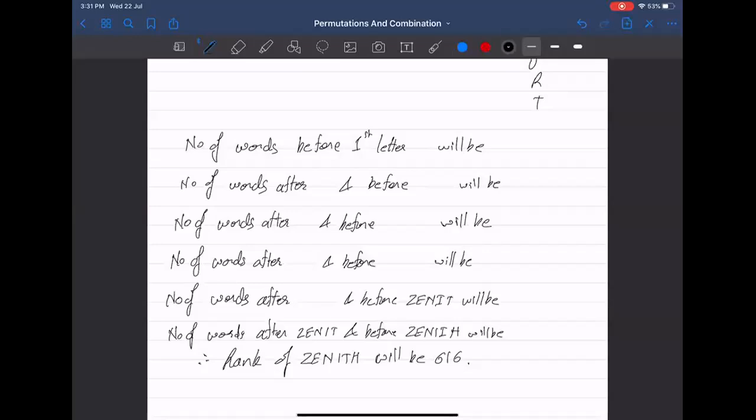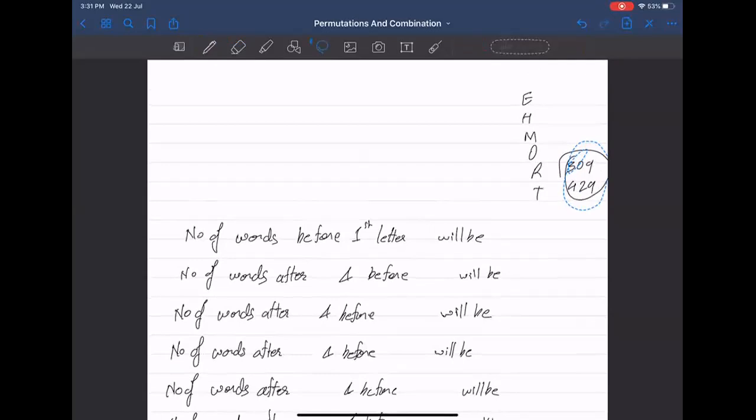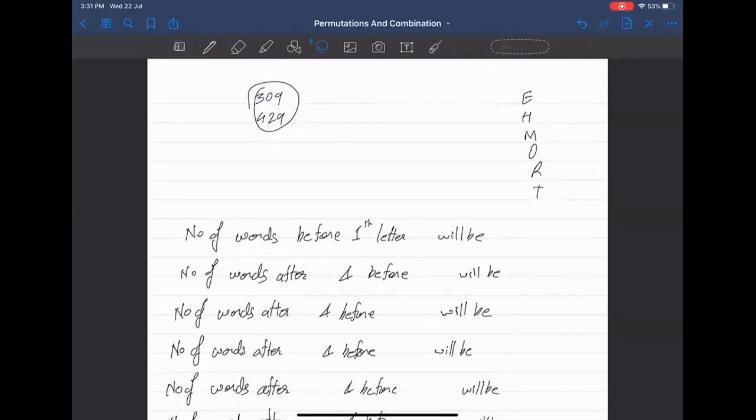What are the expected answers? क्या लग रहे हैं सबके आंसर्स? क्या आ रहे हैं? 40, somebody said 40. So I got 429. I got 309. Even I got 309. 309 is there. बाद में 429 is there. ठीक है, I got rank as 345. 349 किसको मिला? 345 sir.